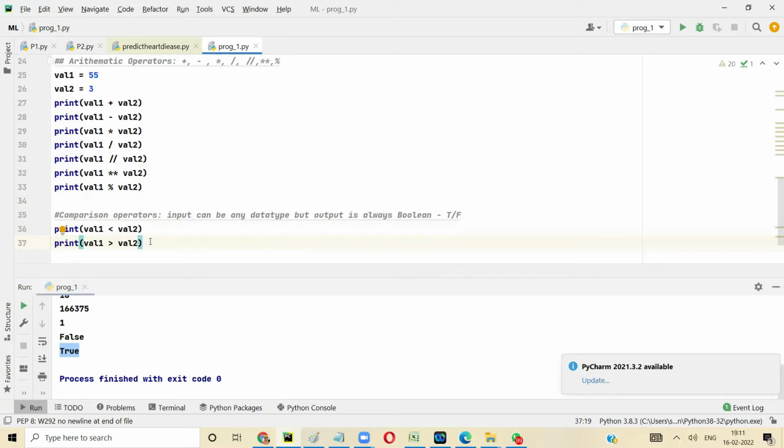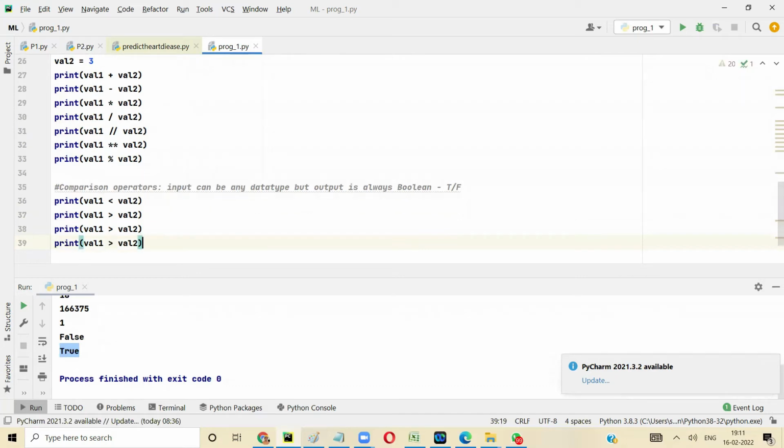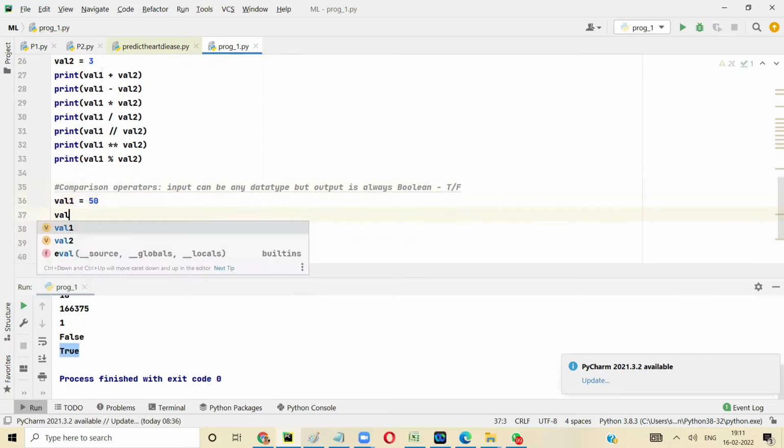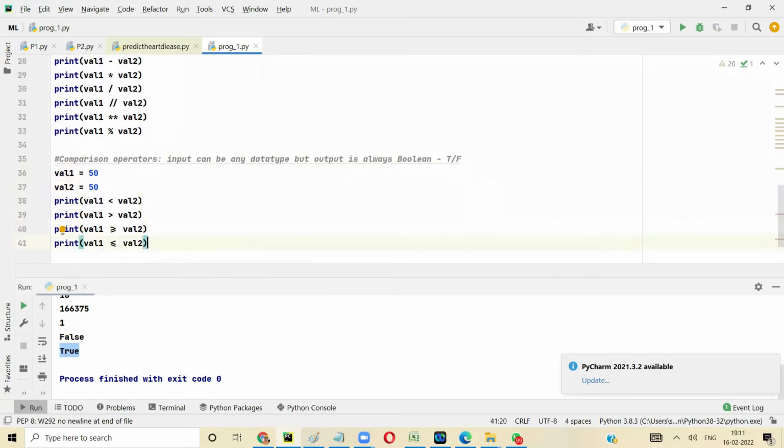Now, similarly, you can have greater than equal to, and less than equal to. So if I say value 1 equal to 50 and value 2 equal to 50, now you tell me the output for each of these 4 lines.